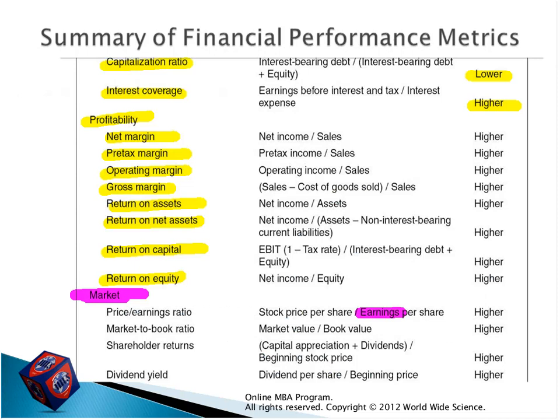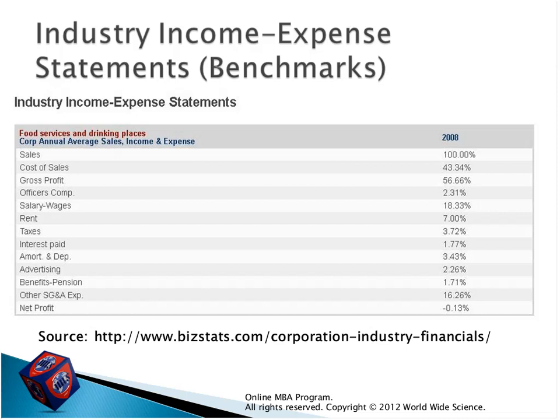So now we are going to move on and look at the industry benchmarks. The question I had before: how could we recognize that we have been managing our finances and our company efficiently? First of all, we do it in comparison with the rest of the companies in the markets.